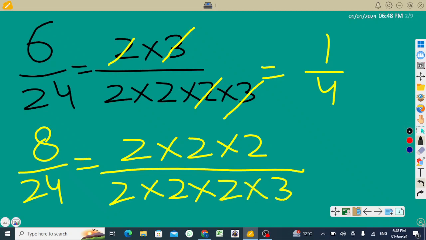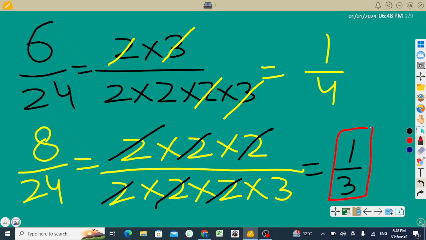So we cancel out the common factors, 2 up and 2 below, three times. And this will convert into 1 upon 3.